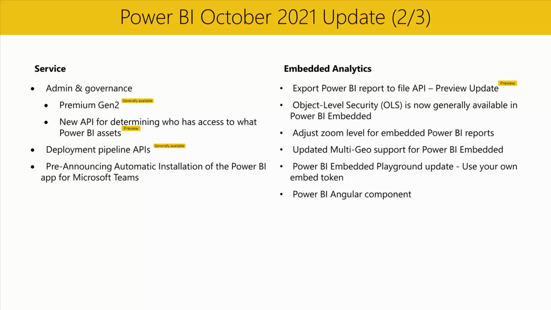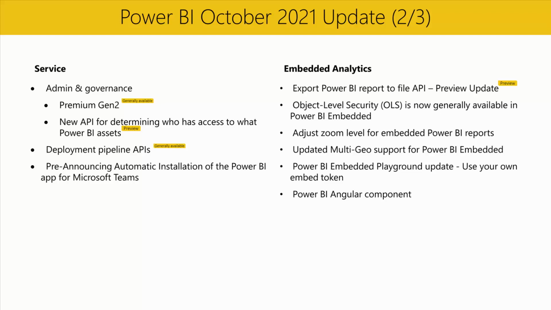First, since we launched the Export Power BI Report to File API, we had to impose a few limitations which we are now removing for premium and embedded Gen 2 capacities. The following modifications apply. The number of Power BI exports per hour is now not limited to 50 per hour per capacity, but only to the 50 report pages per minute per capacity.